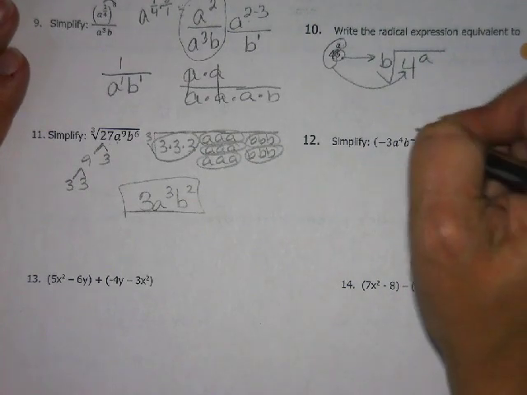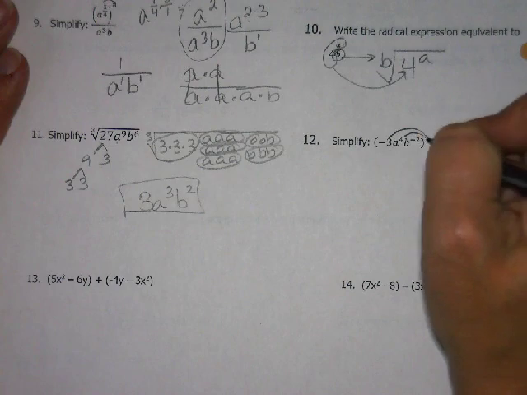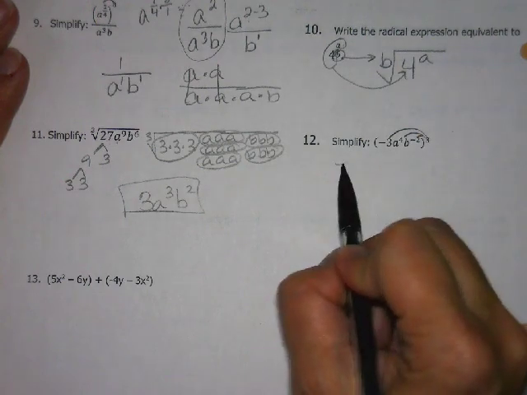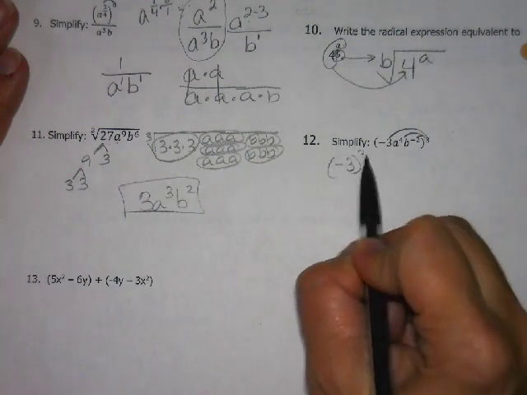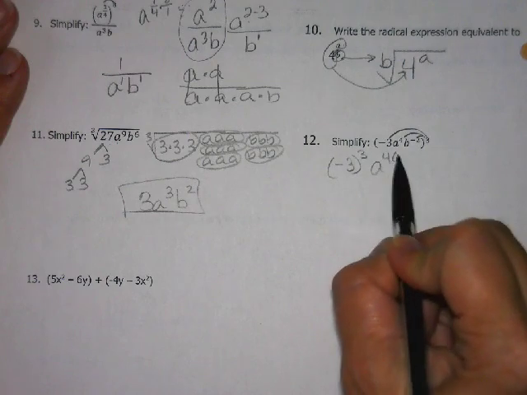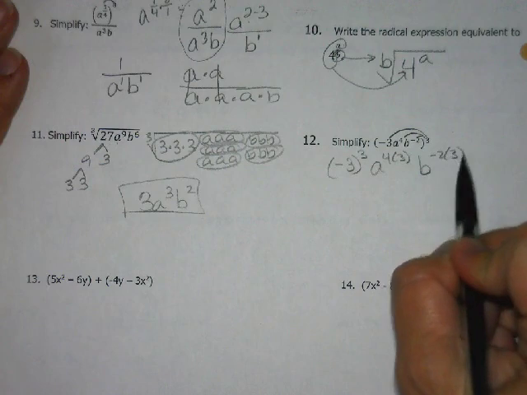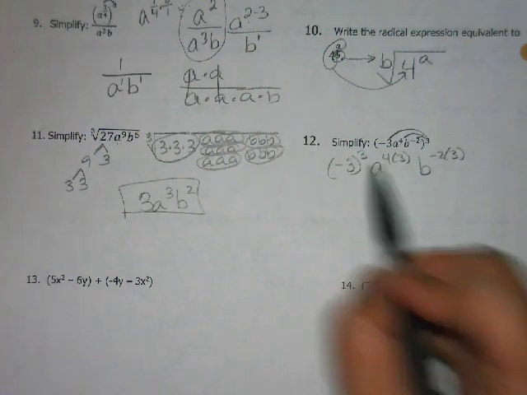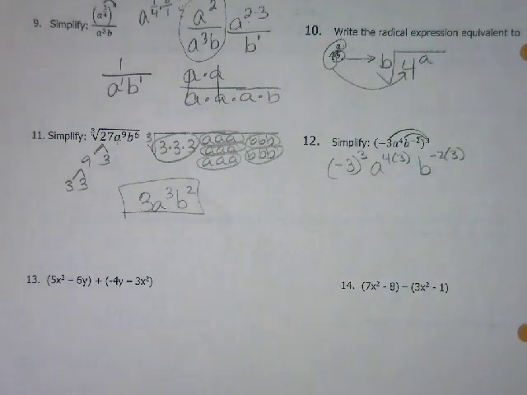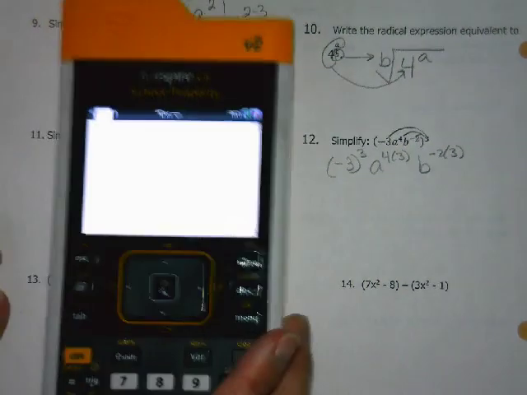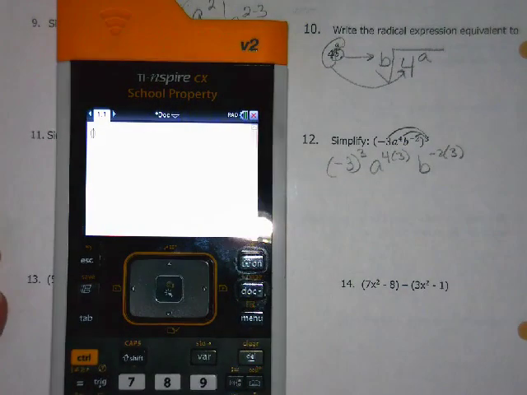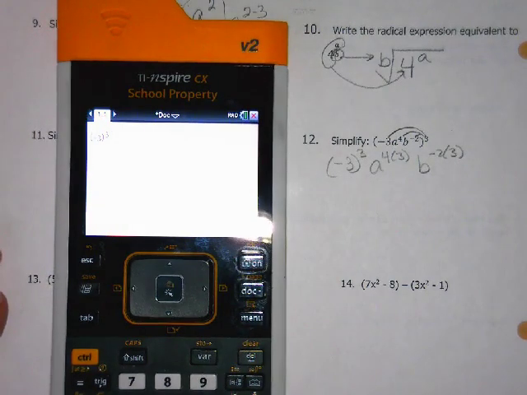Simplify. So again, we're distributing. So we have a negative 3 to the third power, a to the 4 times 3, b to the negative 2 times 3. So remember, when you put this in the calculator, we had talked about negatives when you're using them. So you have got to put that negative 3 in parentheses before you put it to the third power.